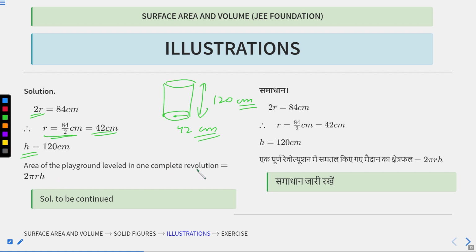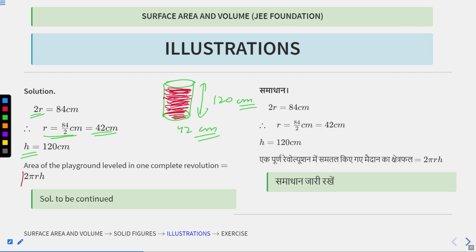In one complete revolution, the roller covers the same area as its curved surface area. If you move this roller and complete one revolution, this much curved surface area will be covered by the roller.